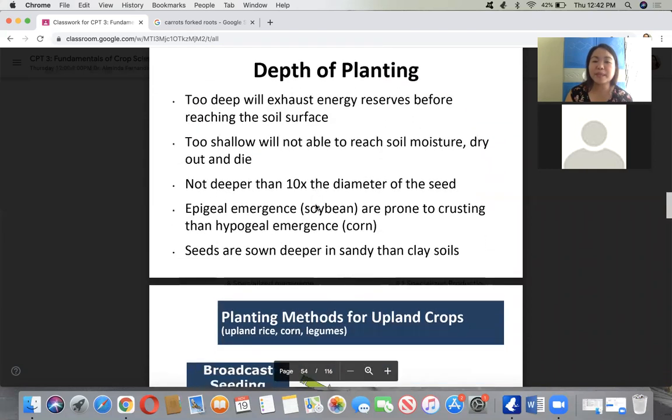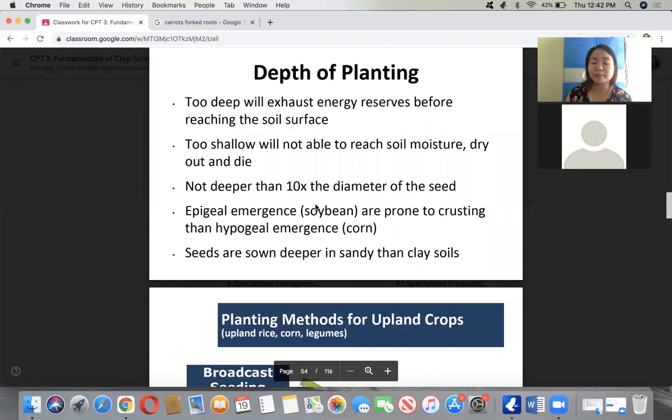The depth of planting also matters when you plant seeds. If it's too deep, it's not good. If you plant very small seeds many inches below the ground, it will exhaust its energy reserve before emerging from the soil.